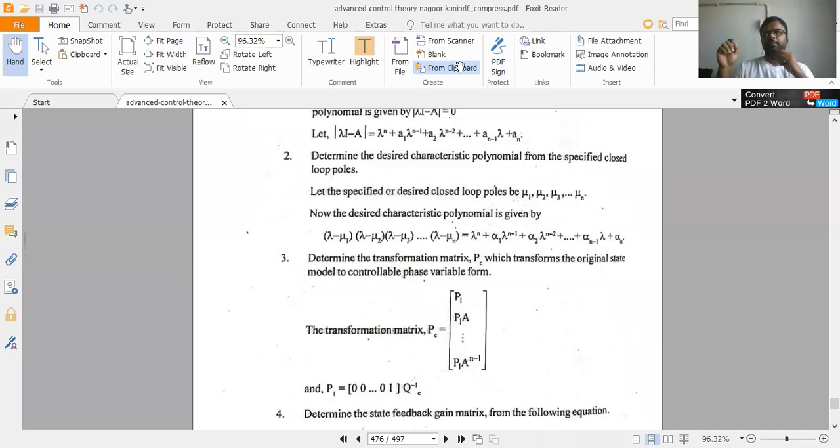And it has to be multiplied with the inverse of the controllability matrix.